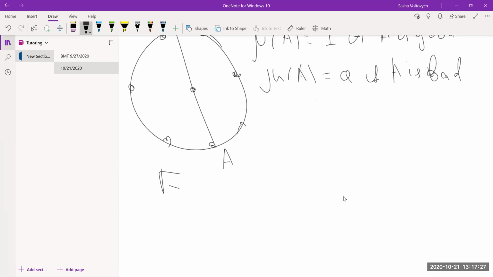The way expectation works is that the expectation of a sum is equal to the sum of expectations, always.